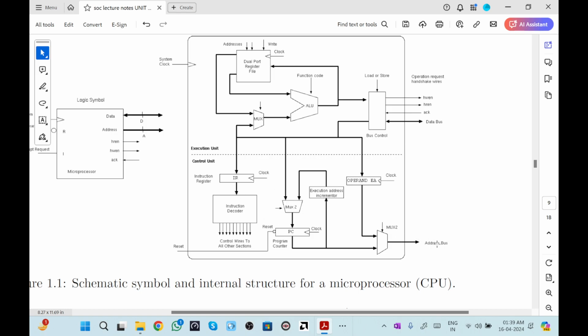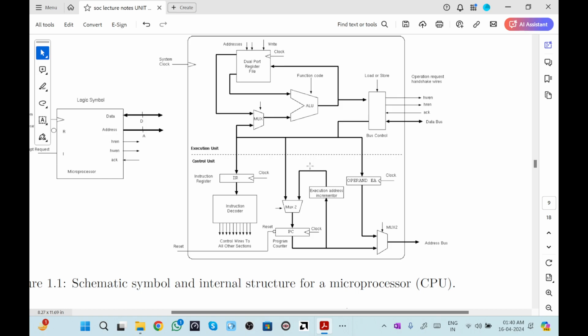If we have this address bus, the execution will be done only when the control signal allows it to process. In simple language, this area has been divided into two sections: execution and control unit. We can take an example of our home.